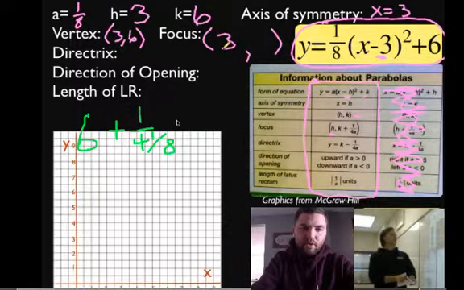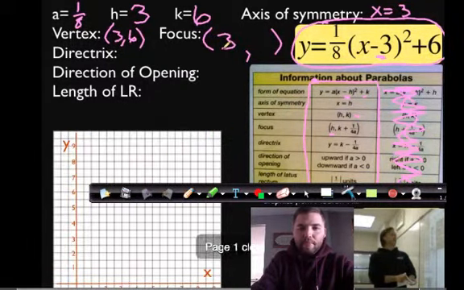And when this all shakes out, it's going to be 6 plus 2, which I think is just 8. So there's an 8. We should have it at 8 here. So I will try and draw that in. There we go. All right.